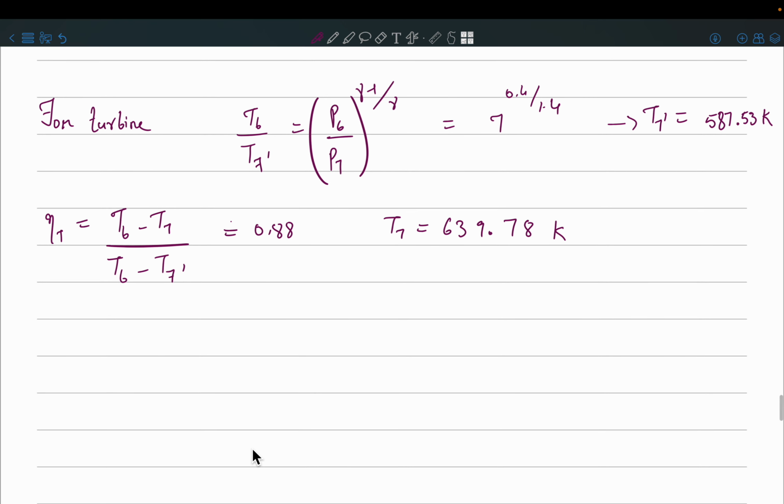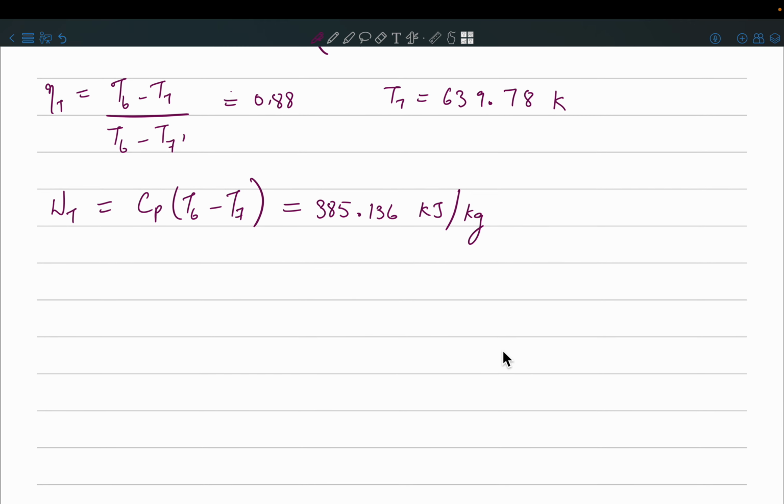Okay, so now we can find the work of the turbine. Work done by the turbine is Cp into (T6 minus T7). Remember we just have one turbine in this case, so this is equal to 385.136 kilojoule per kg. Okay, so now it's just simple calculation.